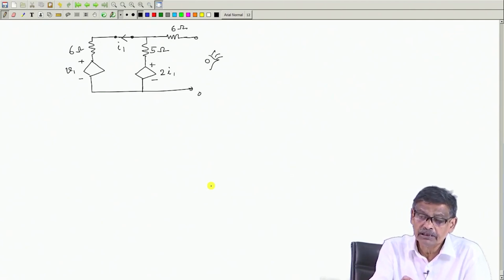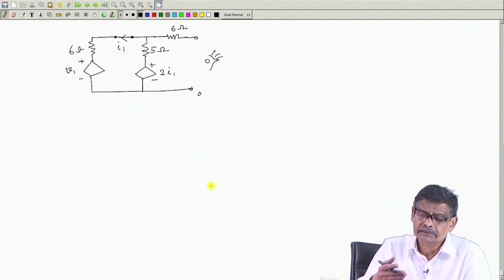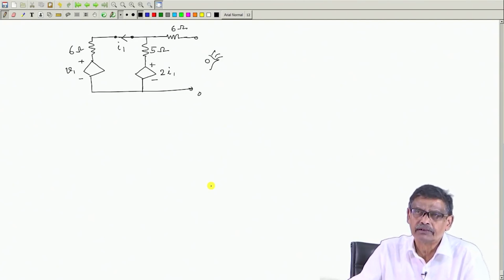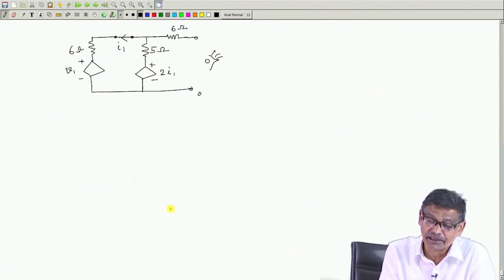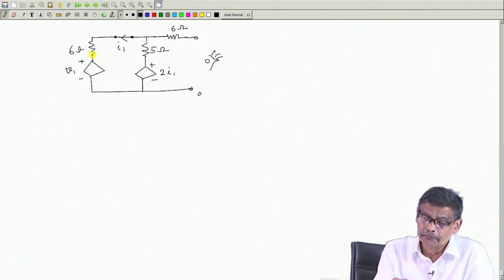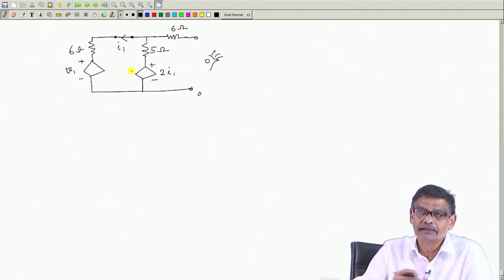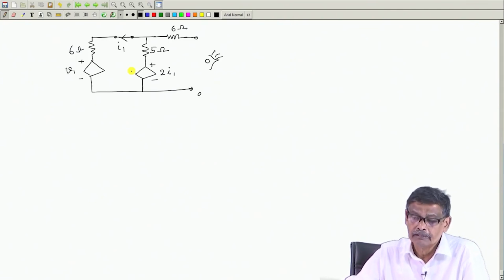So, there will be only impedances present in the network, and therefore R Thevenin's can be found out by series-parallel combination of the impedances, or by using star-delta transformation. But here it is not like that. I am not sure whether 5 ohm and 6 ohm are in parallel, no, they are not. So, series-parallel formula or star-delta transformation is not going to help you.